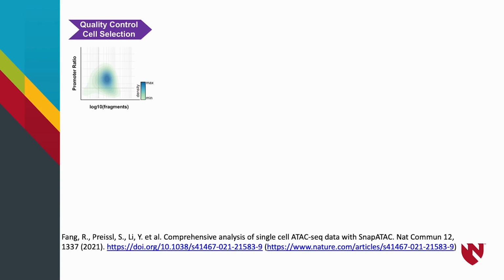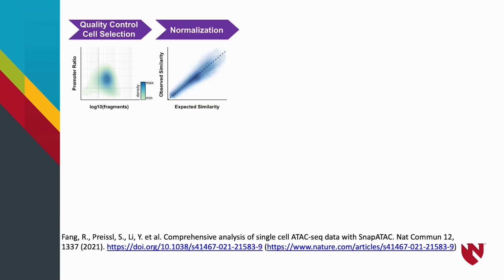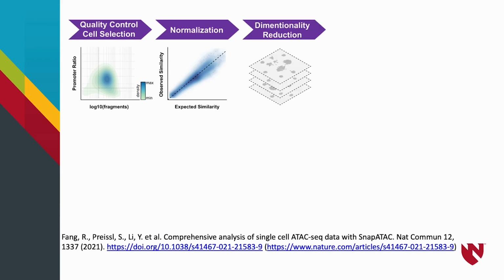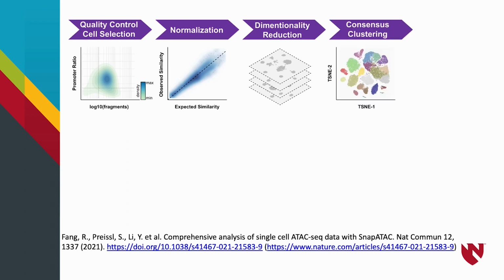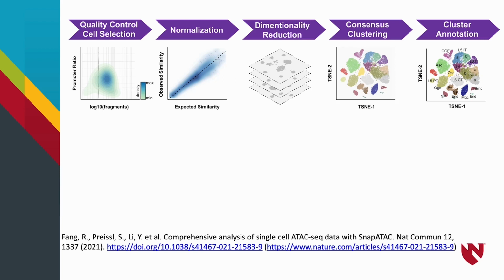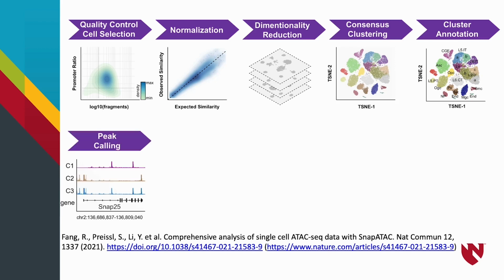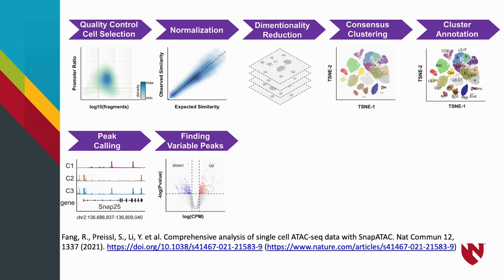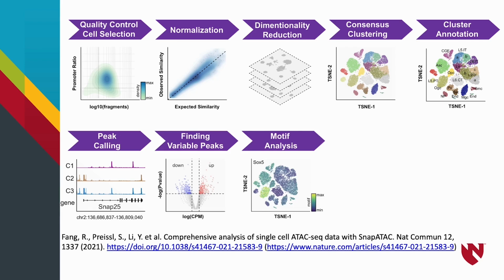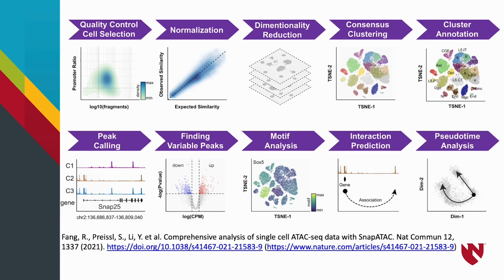The ATAC-Seq analysis process for single-cell data includes several important steps, including quality control to ensure data integrity, normalization to adjust for technical variations, dimensionality reduction to identify key features, clustering to group similar cells, annotation to assign functional information, peak calling to identify regions of active transcription, identification of variable peaks to identify cell-specific patterns, motif analysis to uncover transcription factor binding sites, prediction of interactions between regulatory elements, and pseudotime analysis to track developmental progression.